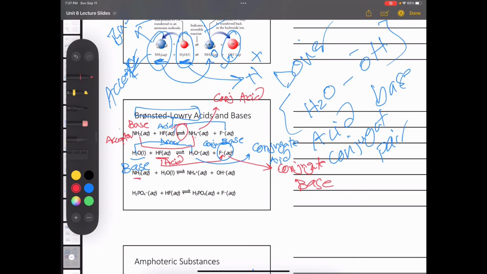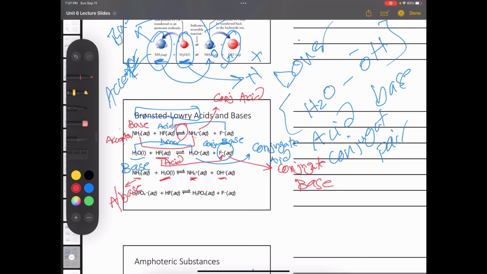Let's look at the ammonia and water. Okay, so with the ammonia and water, we can see here the ammonia gained the proton, and the water lost the proton. Correct. So that makes the ammonia gain the proton, so it's the acceptor. So it's a base.